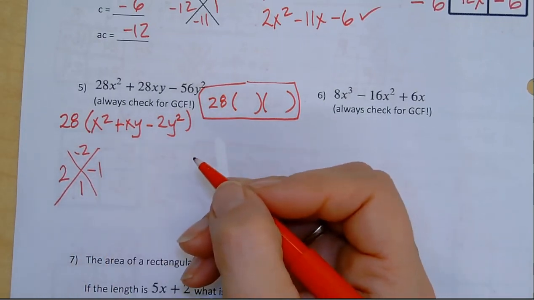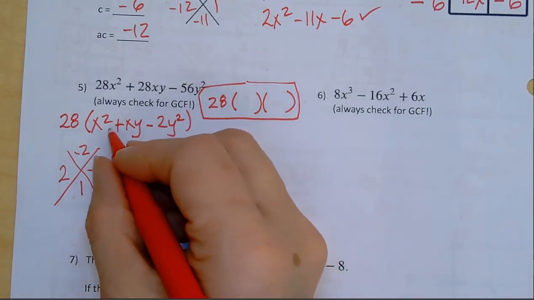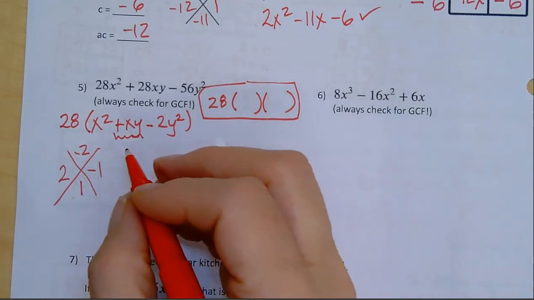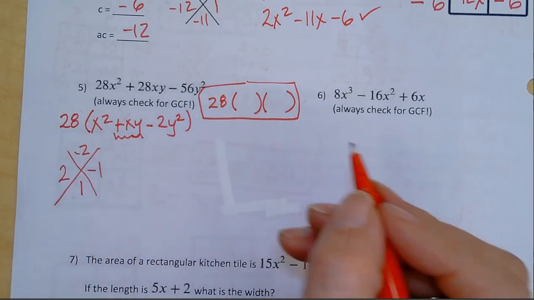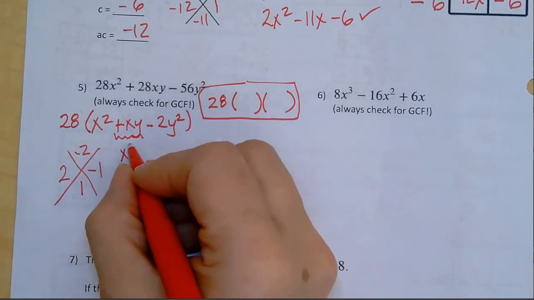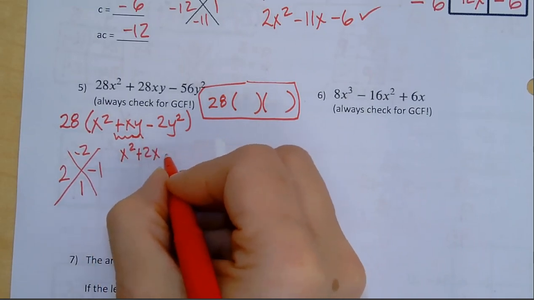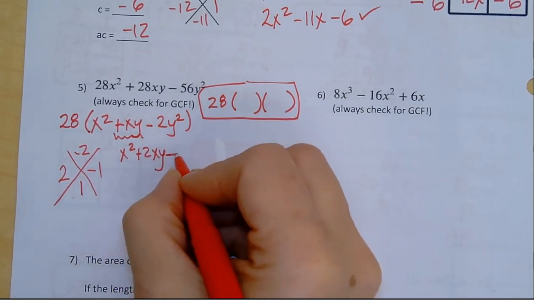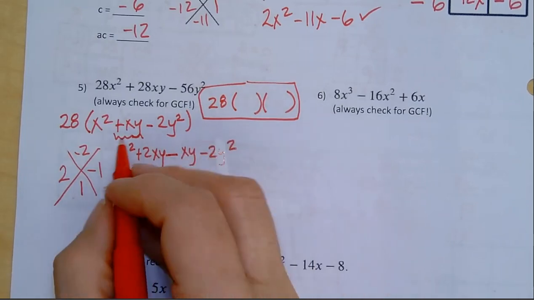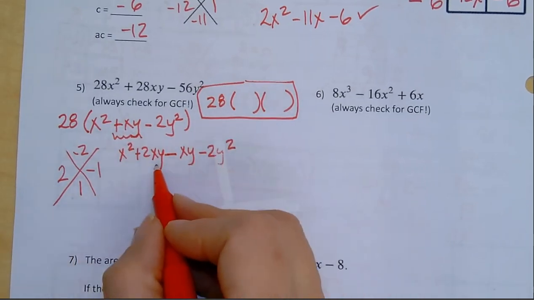Since I have more than one variable, most of the time I'm just going to factor by grouping. It just is more logical to me about how to figure out where those other variables go. So I'm going to write this as x squared plus 2xy, sorry, minus xy minus 2y squared. I broke up xy into 2xy minus xy.